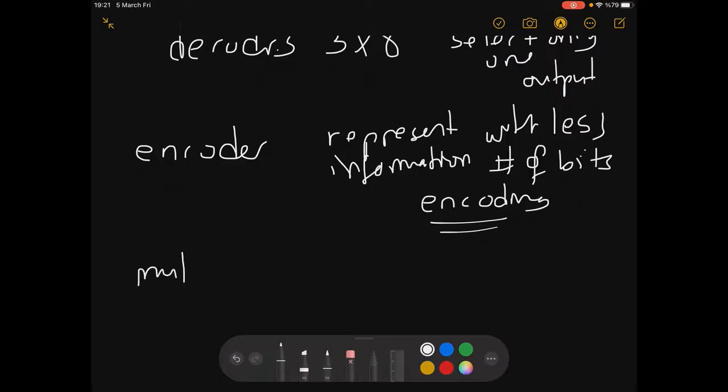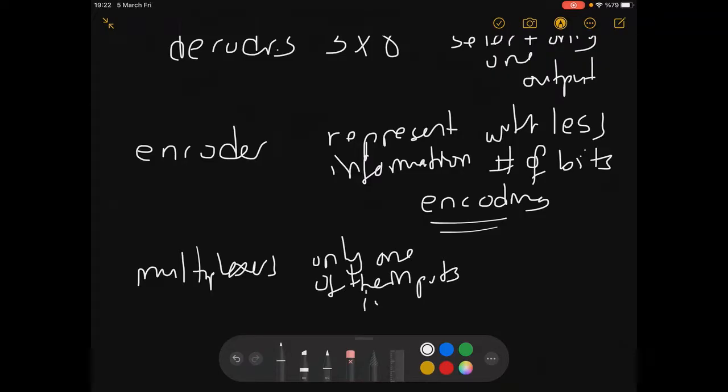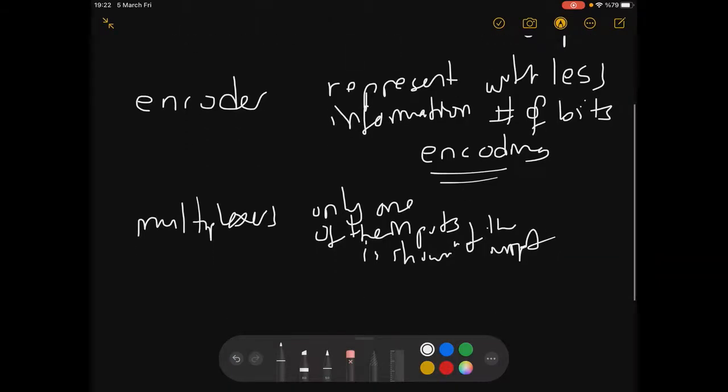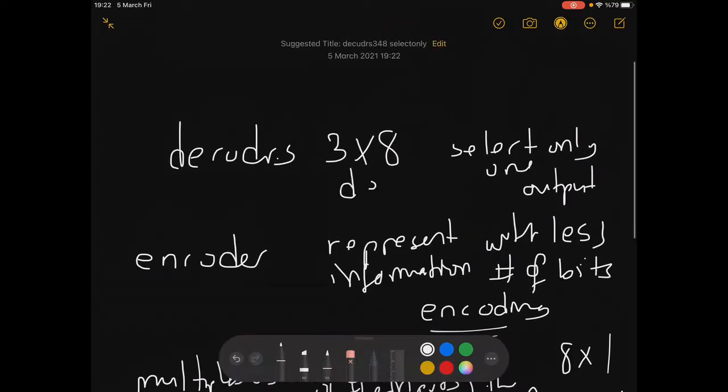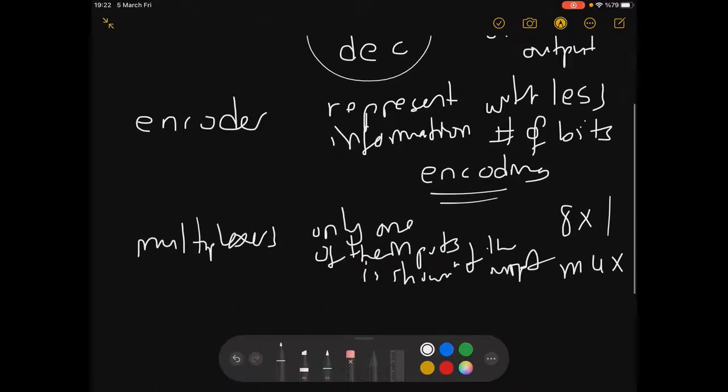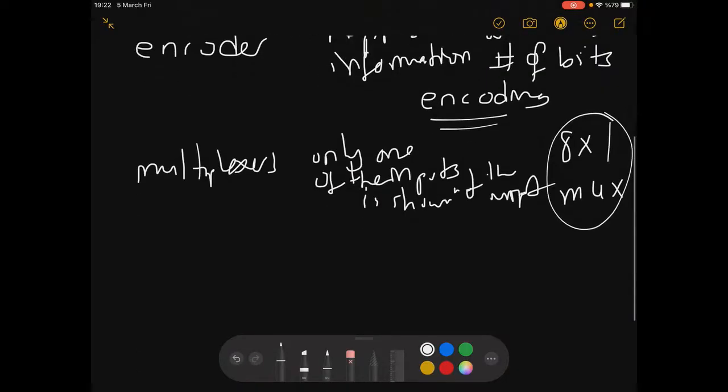And multiplexers is what we just discussed a few moments ago. Only one of the inputs is shown at the output. Like you can have, for example, an 8 by 1 multiplexer. We call them MUX. And what is the multiplexer?